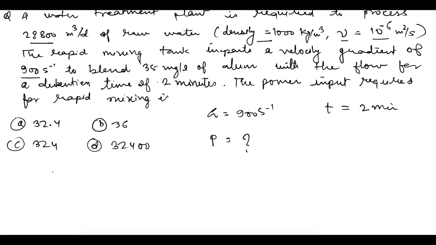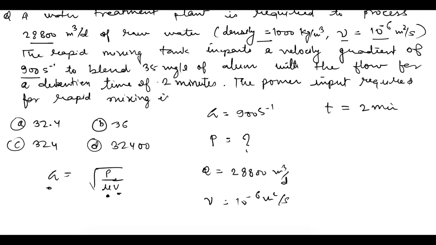Now the formula we have for velocity gradient is G is equal to root of P upon mu into V. So we need the volume, we need the dynamic viscosity. G is given to us. Apart from that, what is given? This flow is given, that is 28,800 meter cube per day, and kinematic viscosity is given, that is 10 to the power minus 6 meter square per second, as well as the density, that is 1000 kilogram per meter cube.